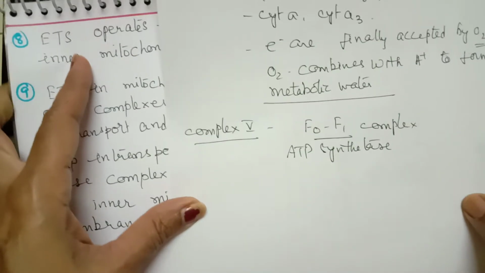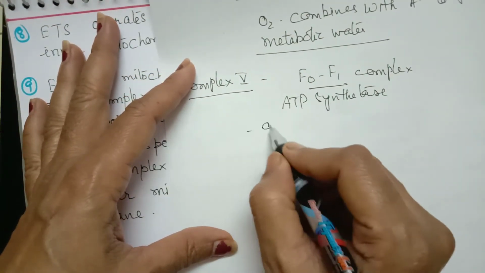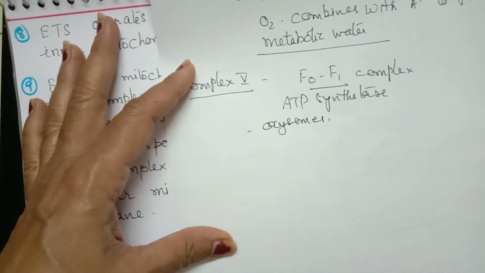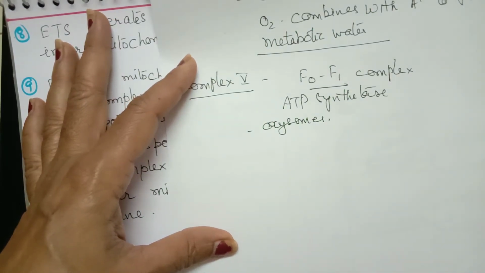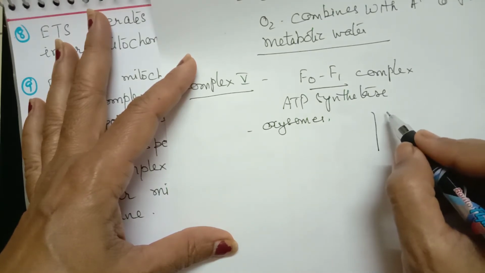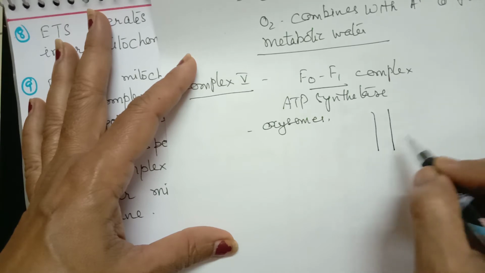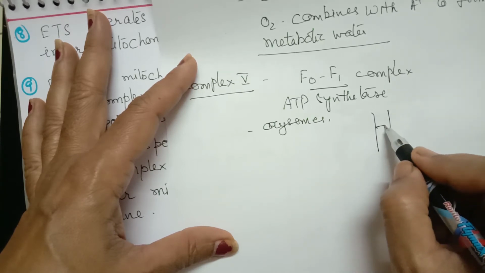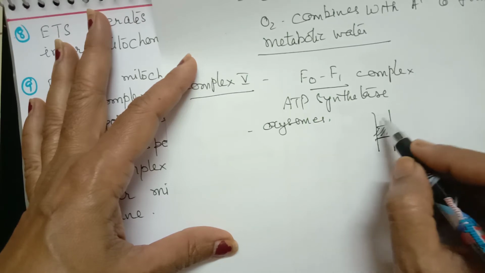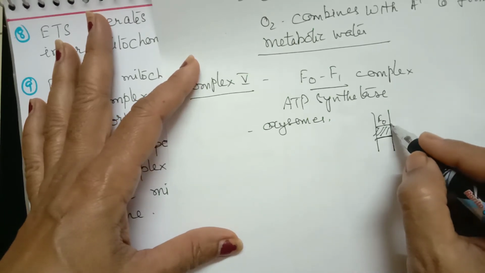These F0F1 particles are also called oxysomes. They have 2 parts, F0 part and F1 part. F0 is embedded within the membrane, the inner mitochondrial membrane.